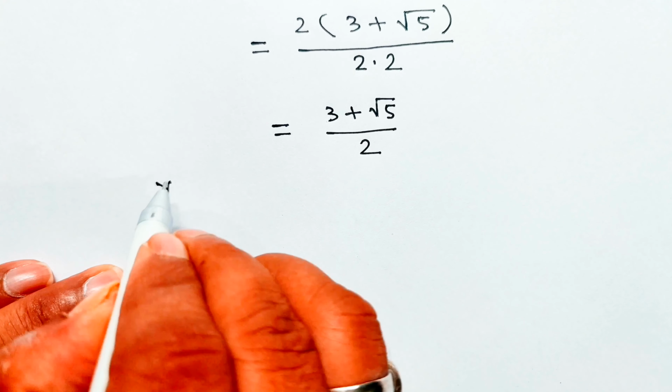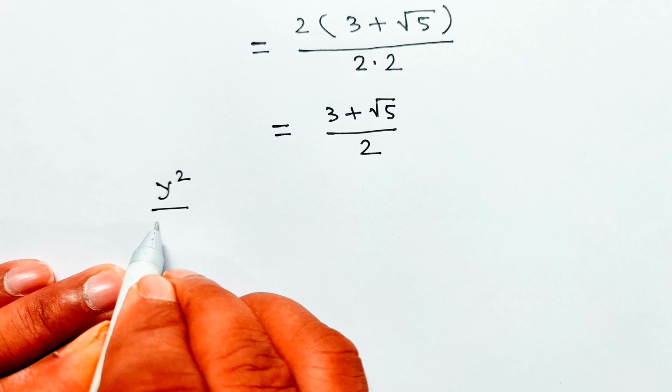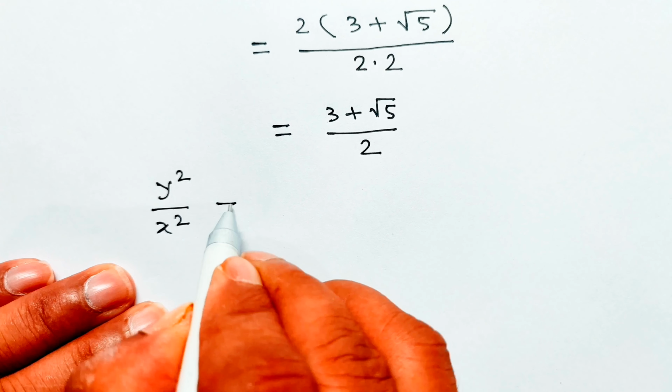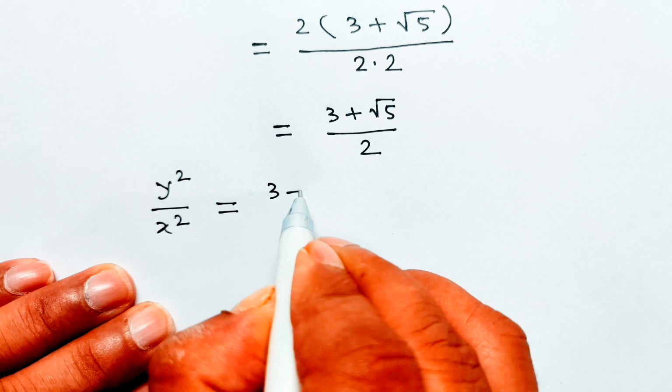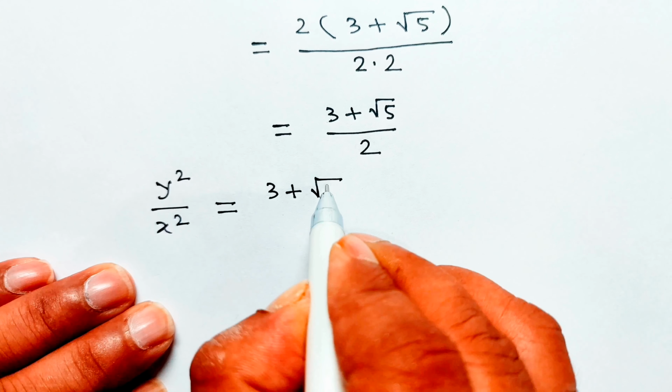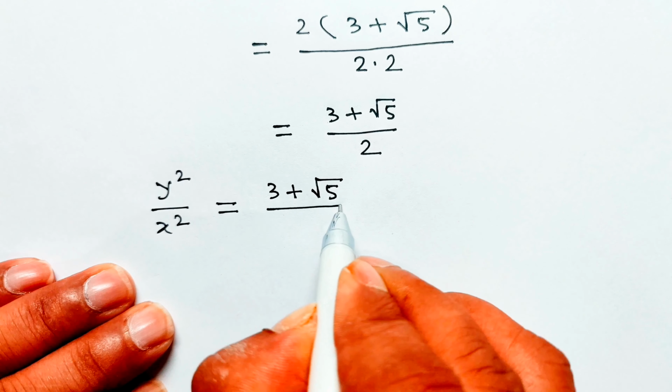So y square divided by x square equal (3 plus root 5) divided by 2.